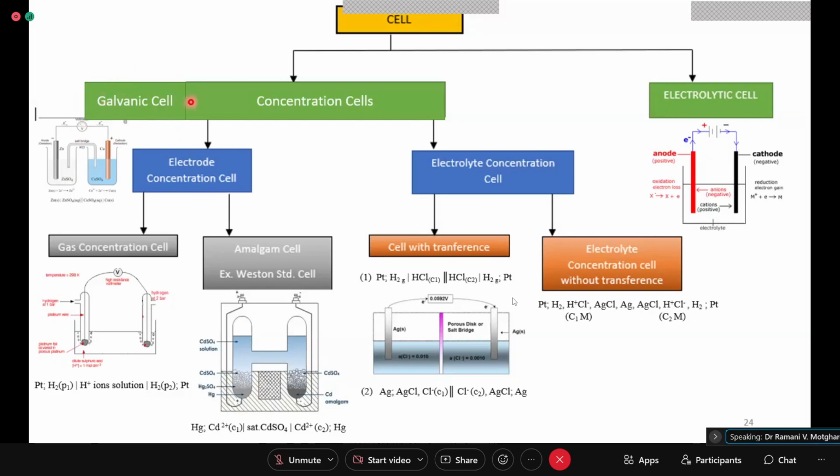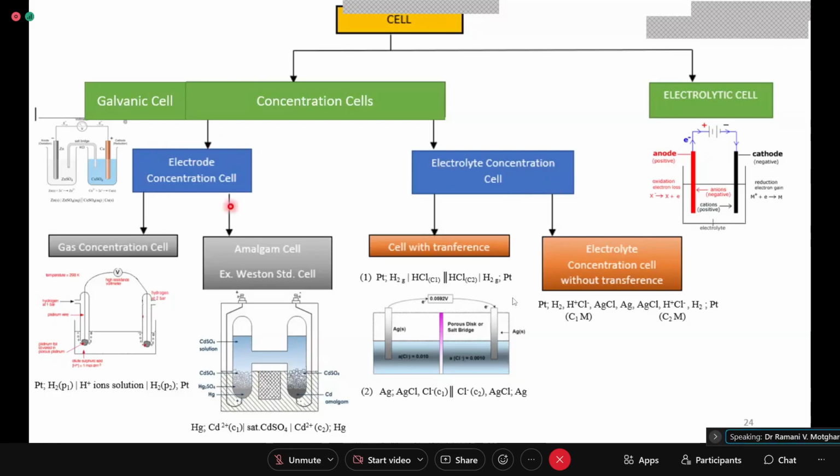The electrochemical cells are classified as different types of concentration cells. Now, due to difference in the concentration, there may be formation of a concentration cell. The concentration cells are classified as electrode concentration cell, and the other type is electrolyte concentration cell.